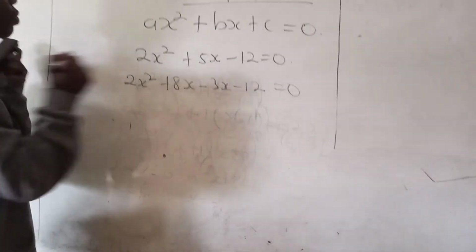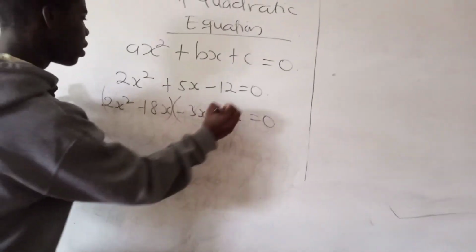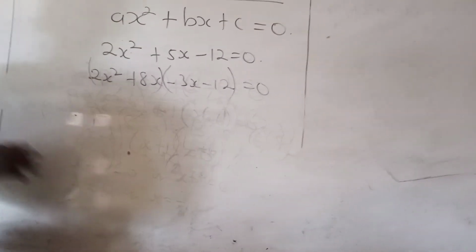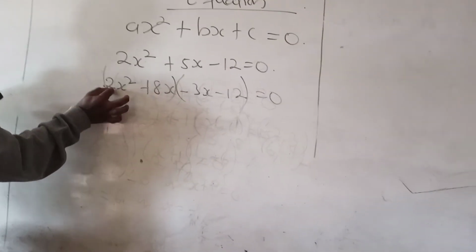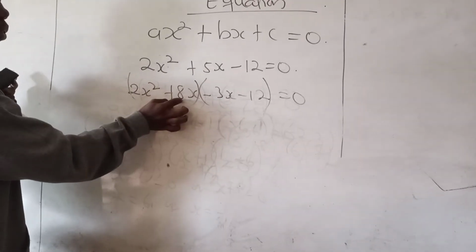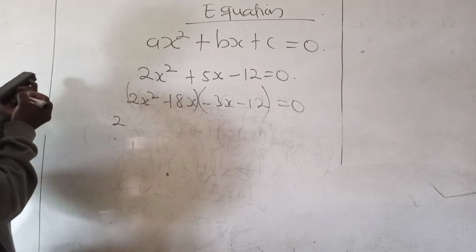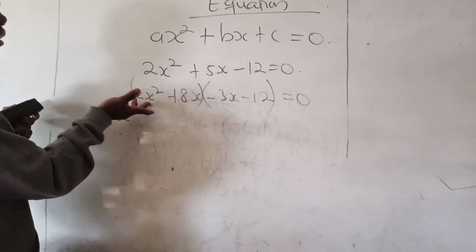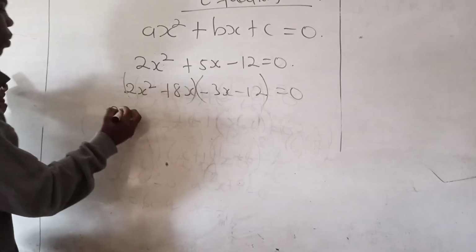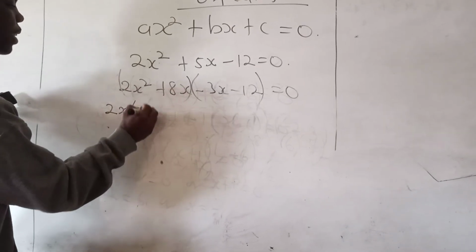You group them. 2 can go into this and also this, so 2 out. The variable x can go here and here, so x out. Remaining x plus 4.